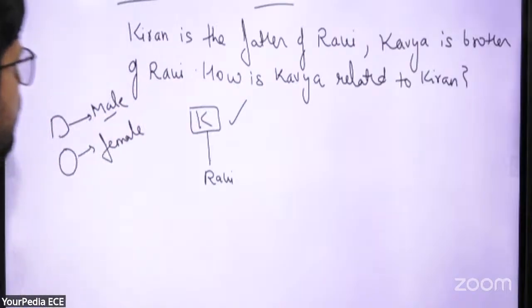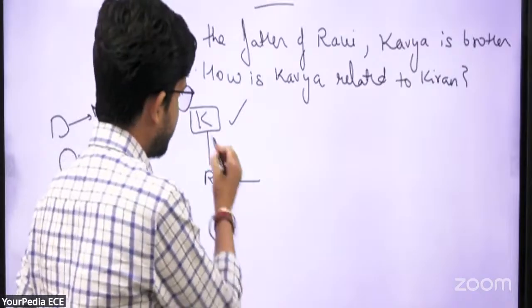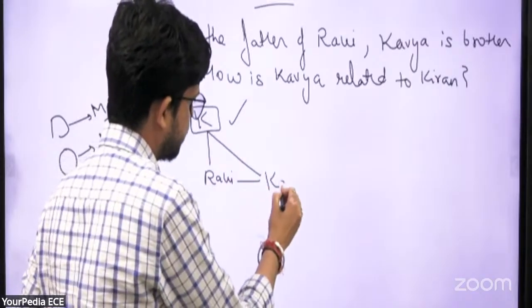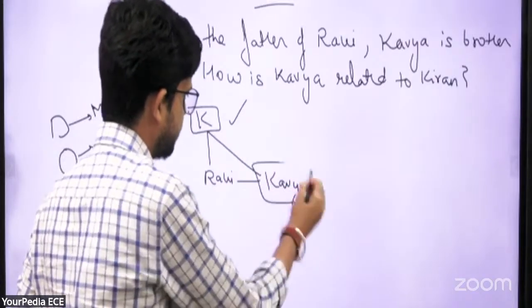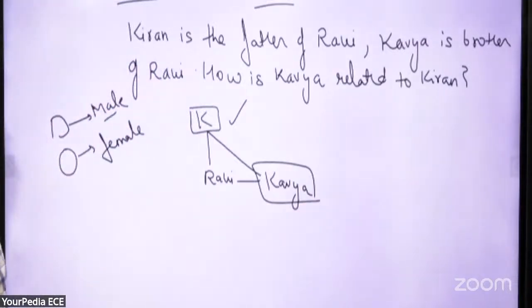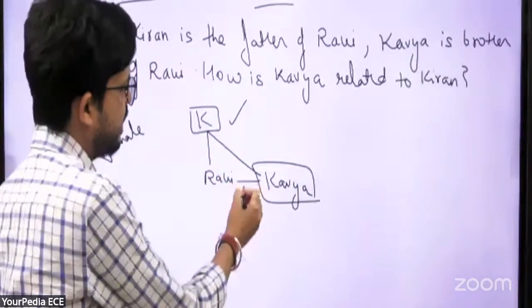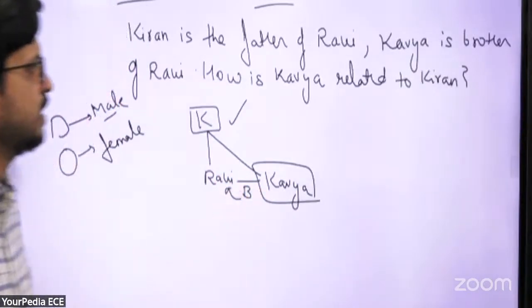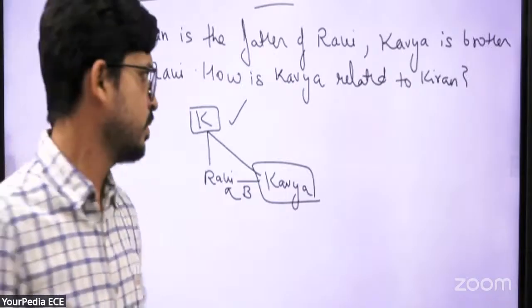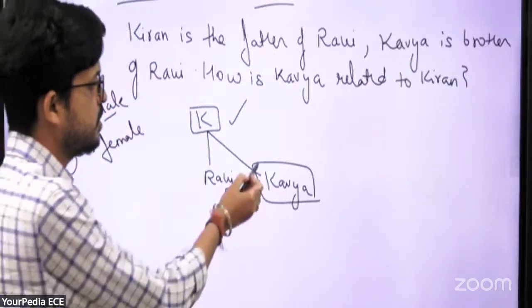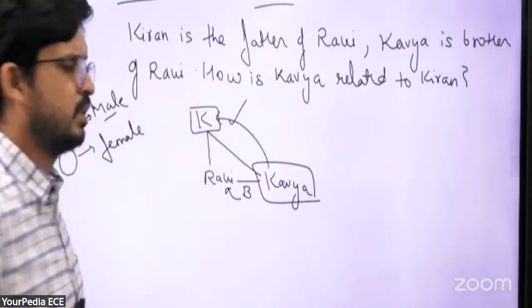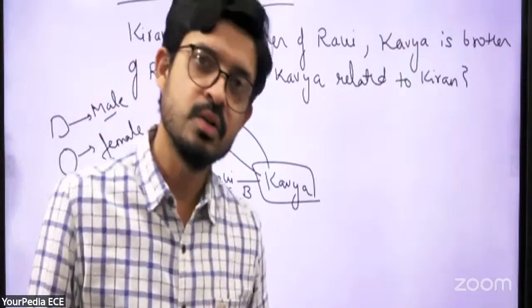Okay. Now Kavya is the brother of Ravi. Kavya is also a boy. I didn't know whether Ravi is boy or girl. Ravi may be a girl. So now Kavya is brother of Ravi. Now how is Kavya related to Kiran? So Kavya is son of Kiran.